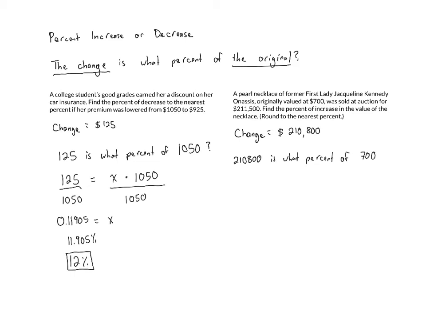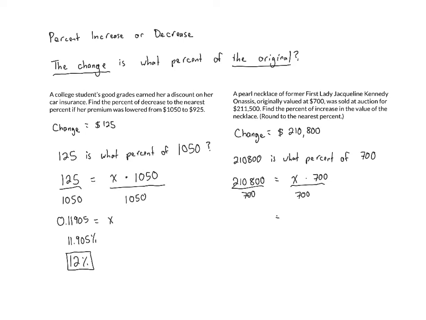Converting this into an equation, we have 210,800 equals what percent, we don't know, that's x, of is multiply, and then 700 gets brought down. And to solve for x, we need to divide both sides by 700.